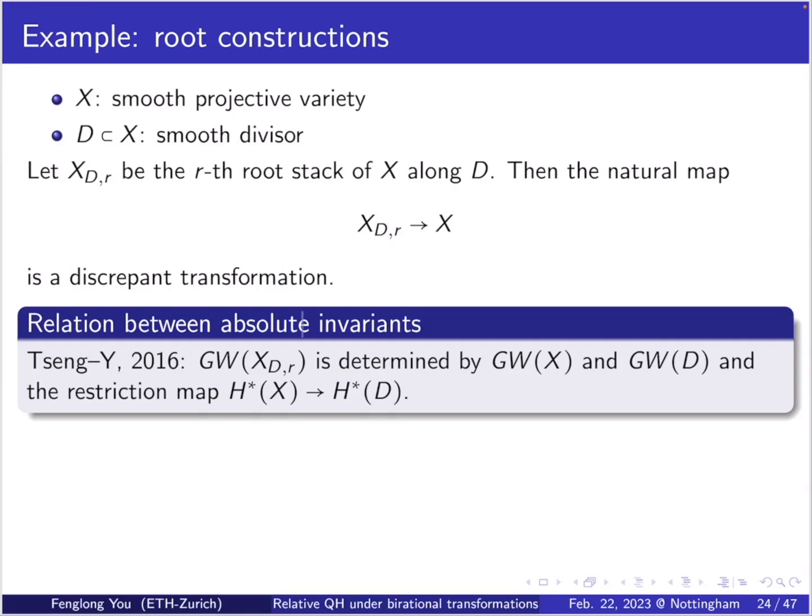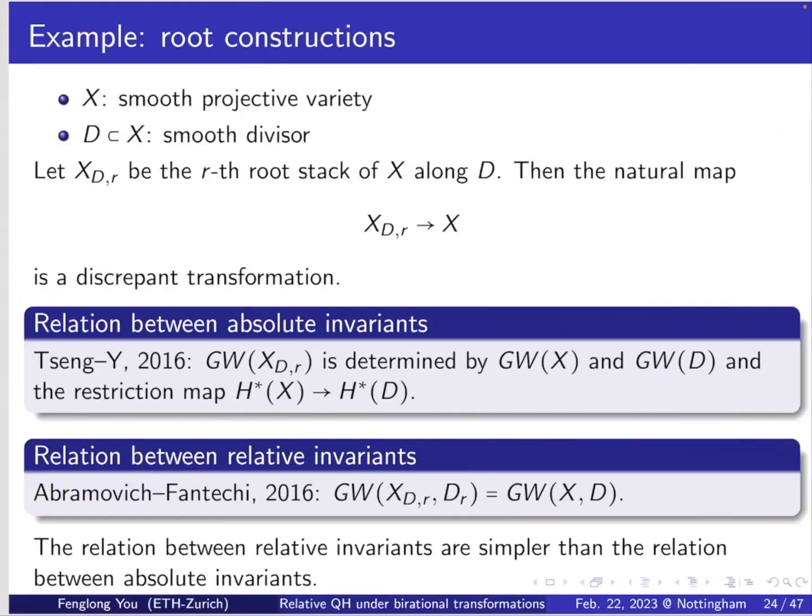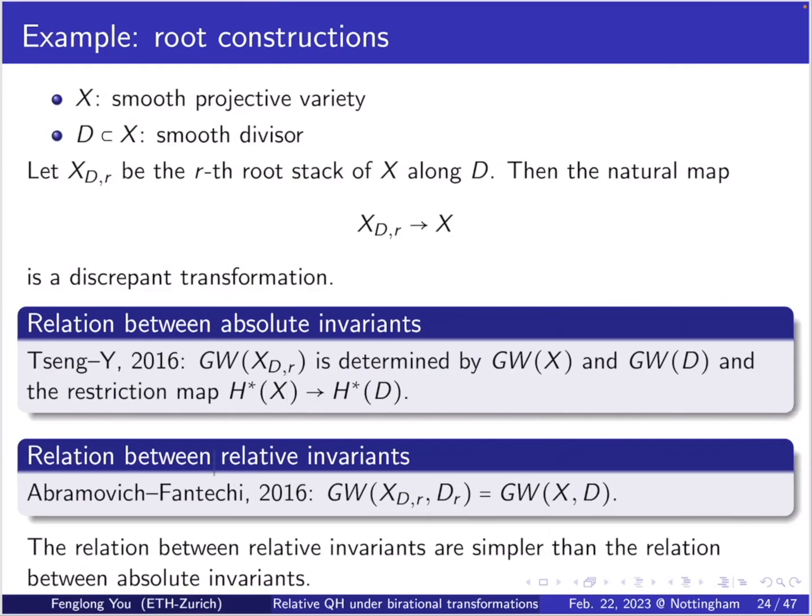And if we compare the invariants of this root stack and the invariants of X, there are some relations saying that this orbifold Gromov-Witten invariants can be determined by Gromov-Witten invariants of X and Gromov-Witten invariants of D and the restriction map of the cohomology. But if we look at the relative Gromov-Witten invariants, then the relation is much easier.